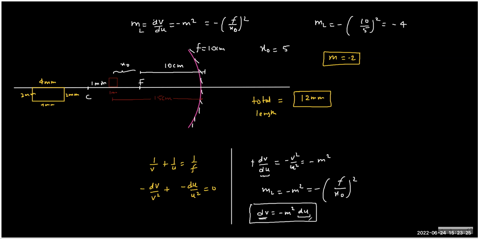This is called the longitudinal separation of object, and this is the longitudinal separation of image. So these are simple things which you can apply and remember. I hope this is clear, guys.